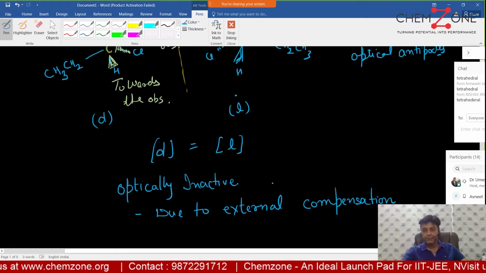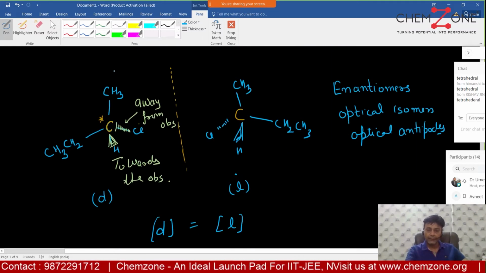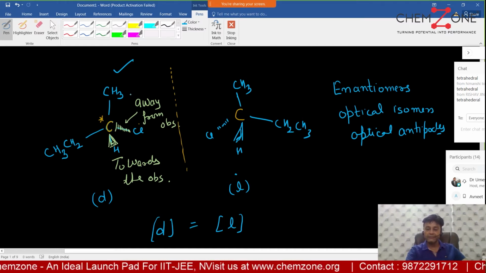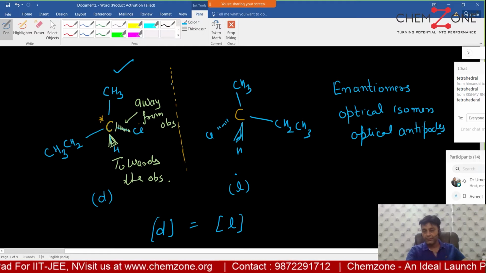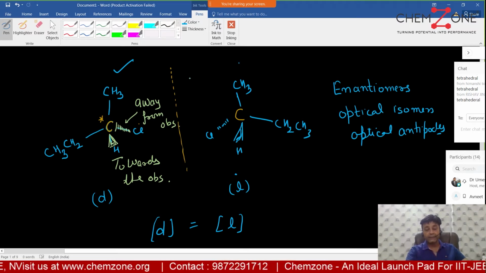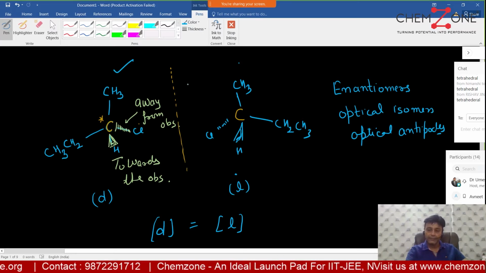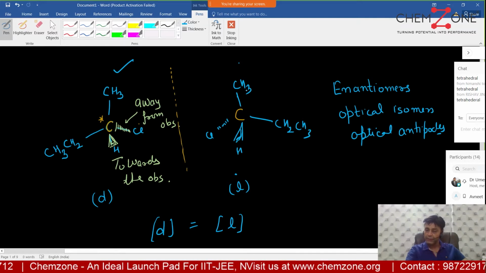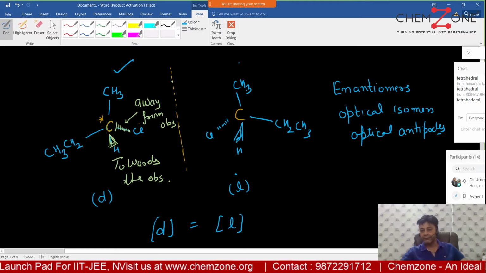External compensation means this molecule is dextrorotatory, and within the same molecule there is nothing making it inactive. The other molecule is responsible for the inactivity because they are in opposite directions. So externally, this molecule is causing it to be optically inactive.